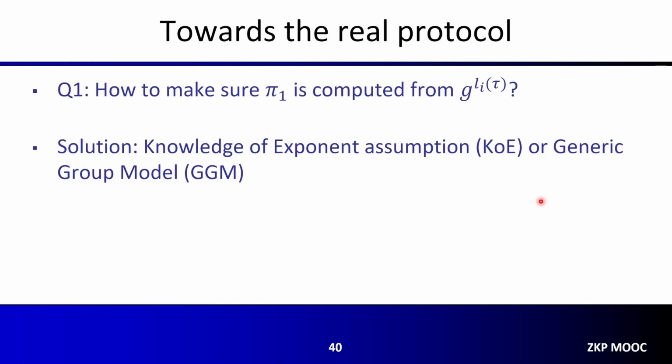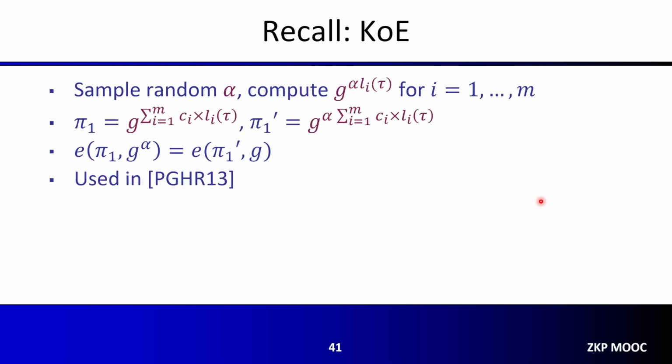So then the solution is actually some techniques we've learned before in the KZG polynomial commitment, either using the knowledge of exponent assumption or the generic group model. So to remind you a little bit, in the knowledge of exponent assumption, for every proof you are trying to compute using a set of public keys, we are going to generate an additional set of public parameters using a secret number alpha, and then compute g to the alpha times Li tau.